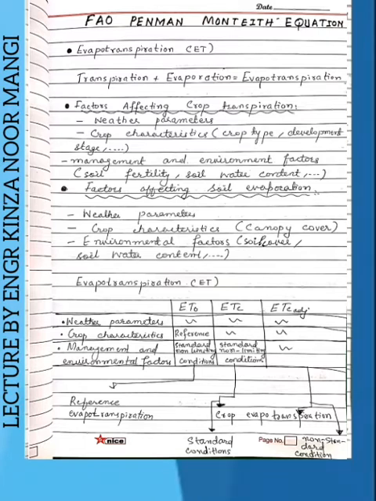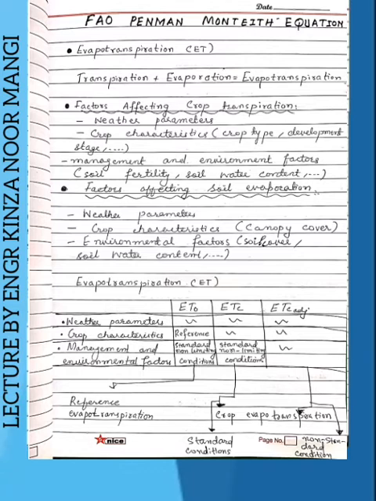Here, management and environmental factors will also affect it. This is simply the differentiation between these parameters: the reference evapotranspiration, the crop evapotranspiration under standard conditions, and lastly the evapotranspiration under non-standard conditions. All three factors will be affecting the evapotranspiration.